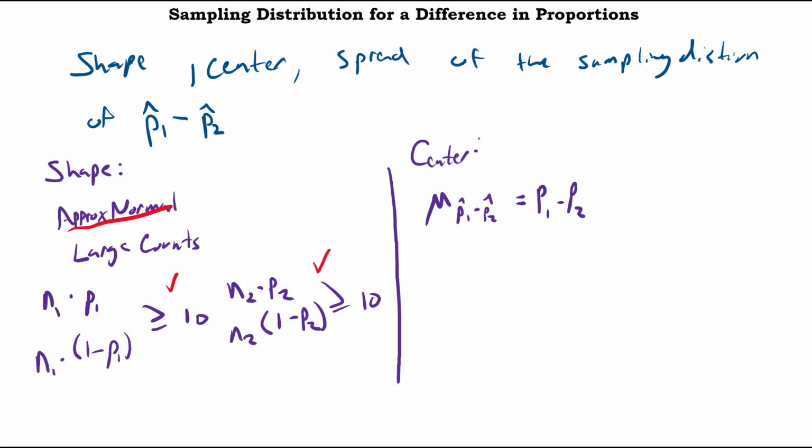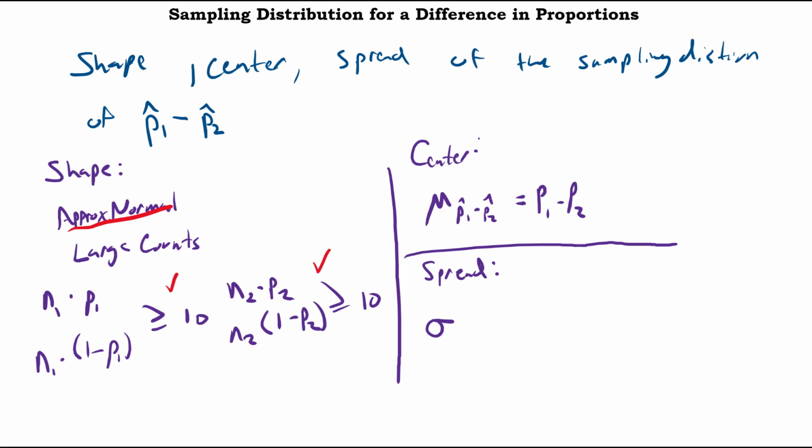The last thing we need to talk about to start out this lesson is dealing with the spread. With our spread, we're going to be talking about our standard deviation.